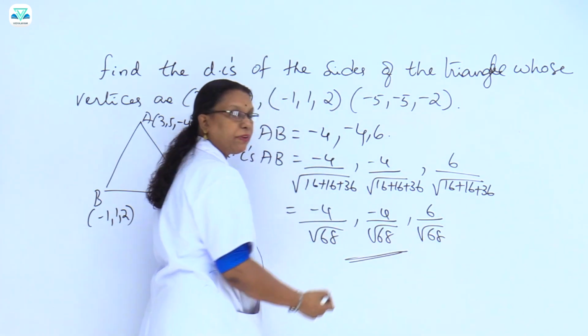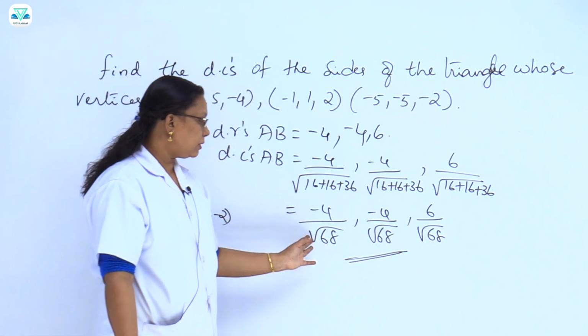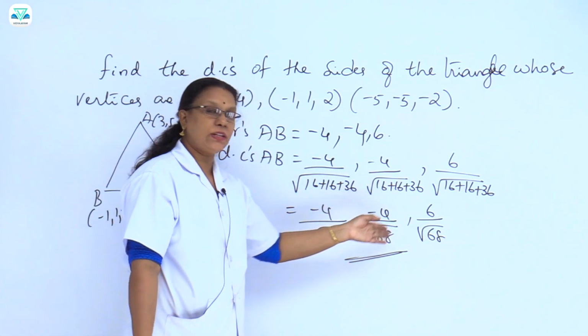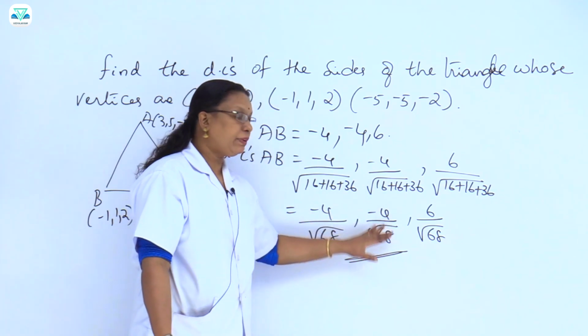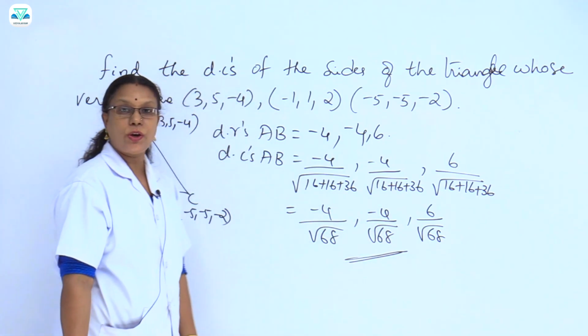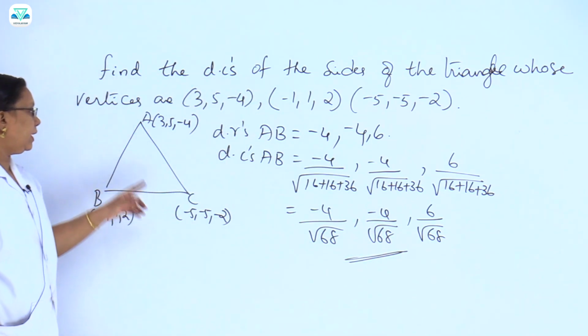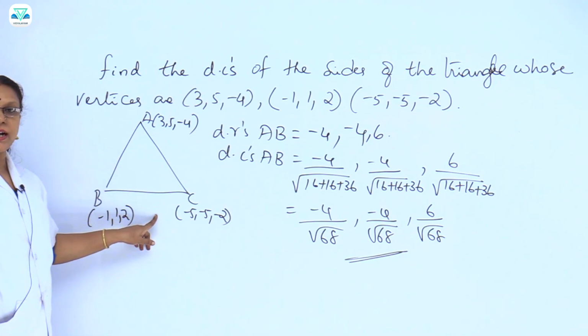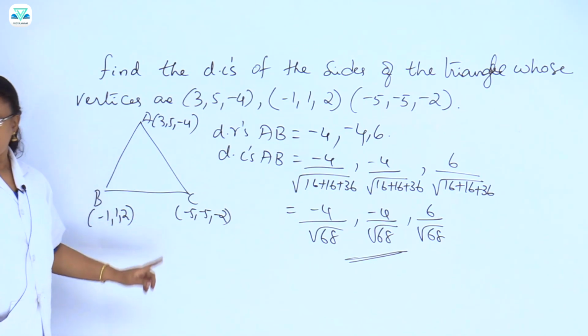We can factorize further: you can simplify root 68 and cancel with the numerator and so on. Anyway, this will give the direction cosines of AB. Similarly, we need the direction ratios of BC, then the direction cosines of BC.